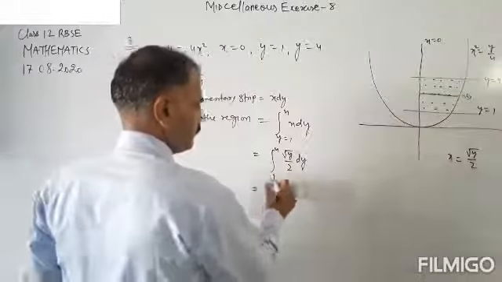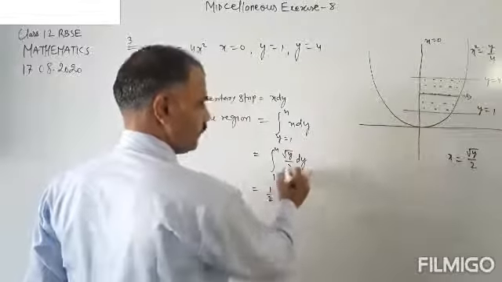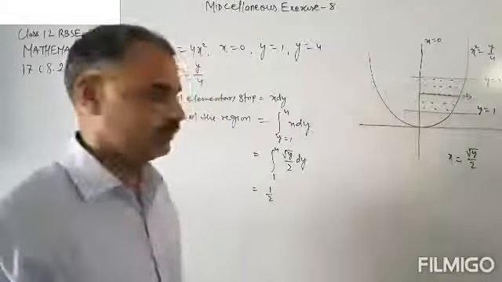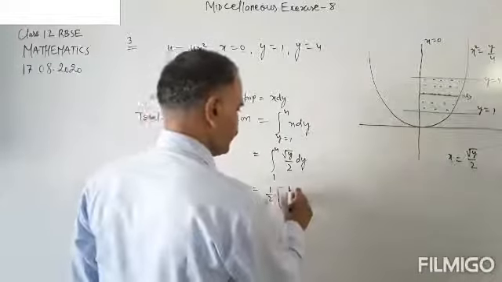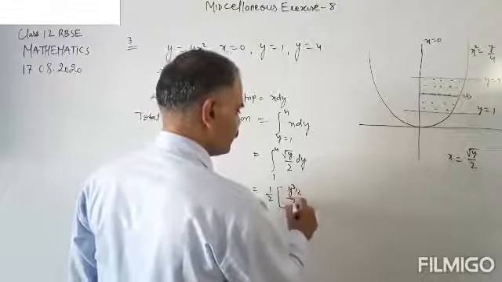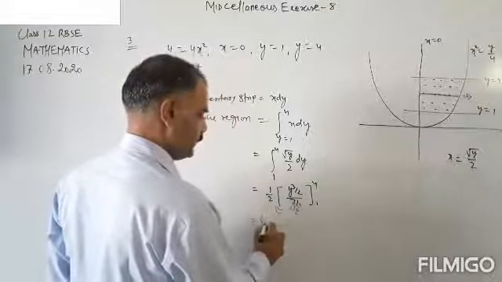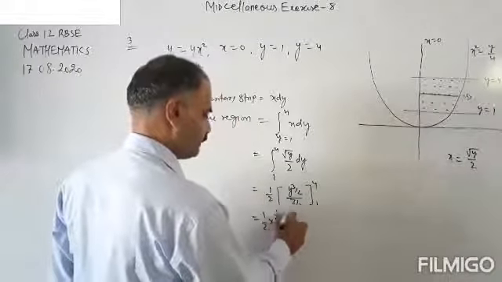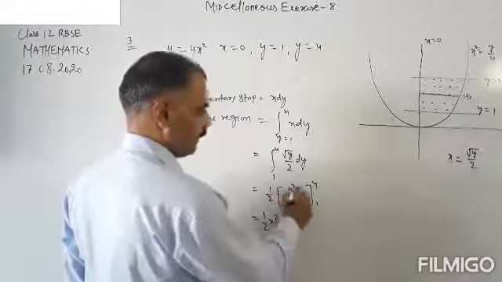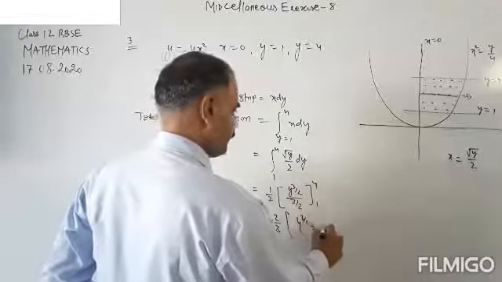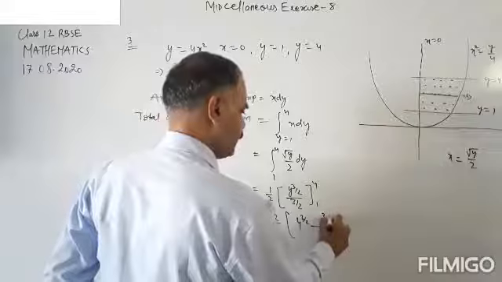Now 1 by 2 under root y means y raised to the power 1 by 2, and its integration is y raised to the power 3 by 2 upon 3 by 2, with limits from 1 to 4. So this is 1 by 2 into 2 by 3, into 4 to the power 3 by 2 minus 1 to the power 3 by 2.